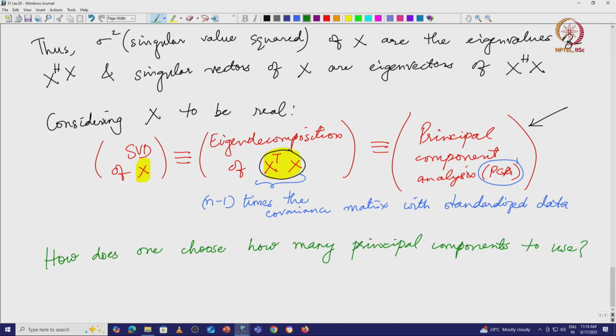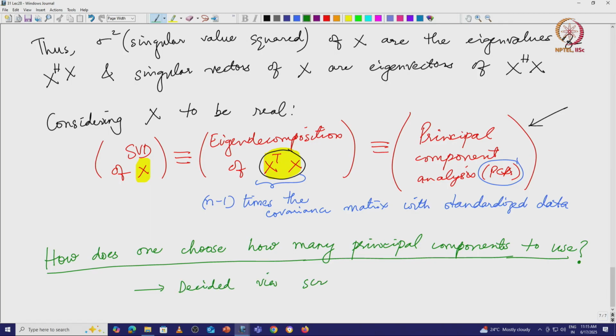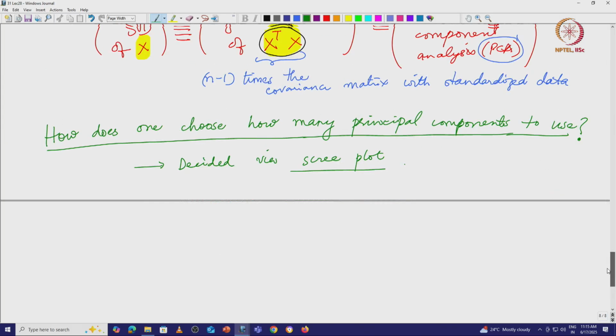So, you know that you will get many principal components and you will have to choose some of them. This is decided via something known as a Scree plot, right, and I will show you what this plot means now.